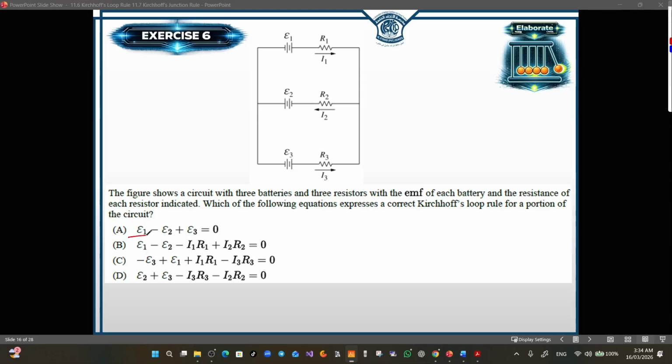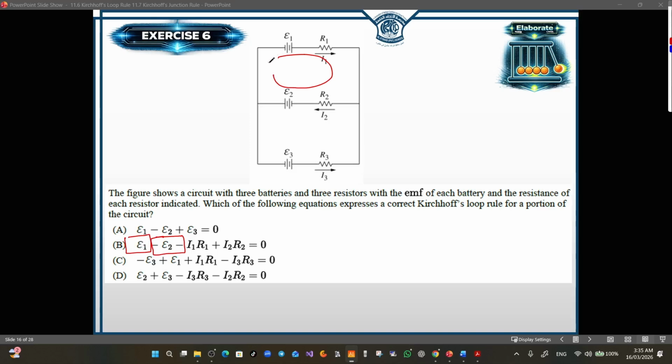As you can see here, E1 is positive, and this equation also contains negative E2. So let's focus on E1. E1 and E2 belong to this loop, so we're going to use this loop. E1 is positive, so we will choose the direction of our loop such that it gives us plus E1.